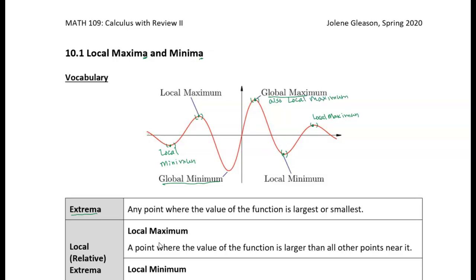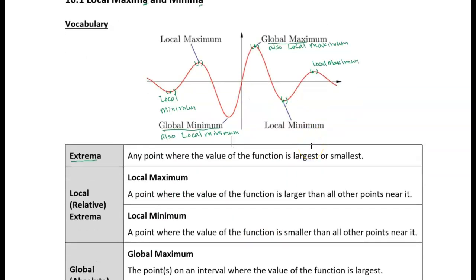And this is also a local minimum. Now you can see there can easily be more than one local minimum. You can see here we have 1, 2, 3 local minima in this function.